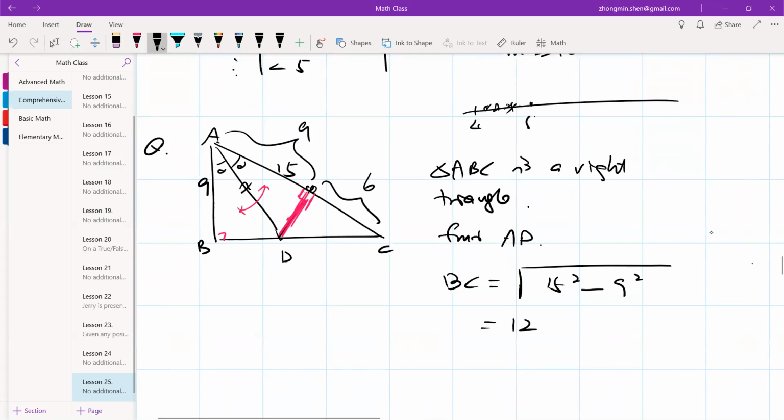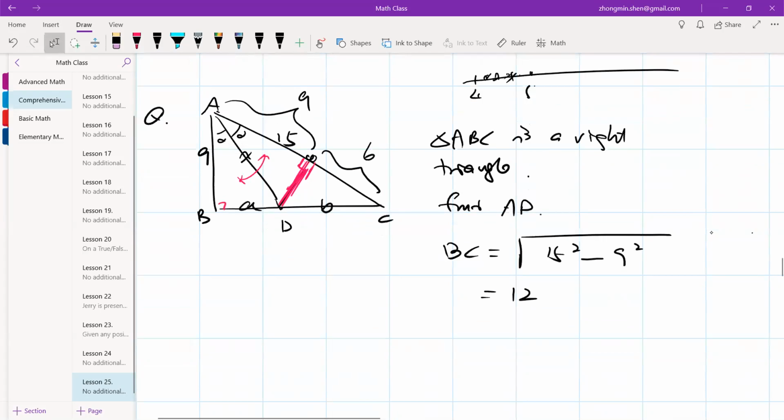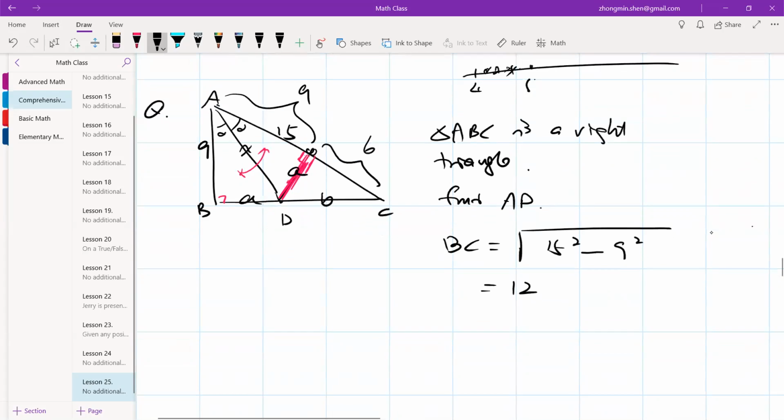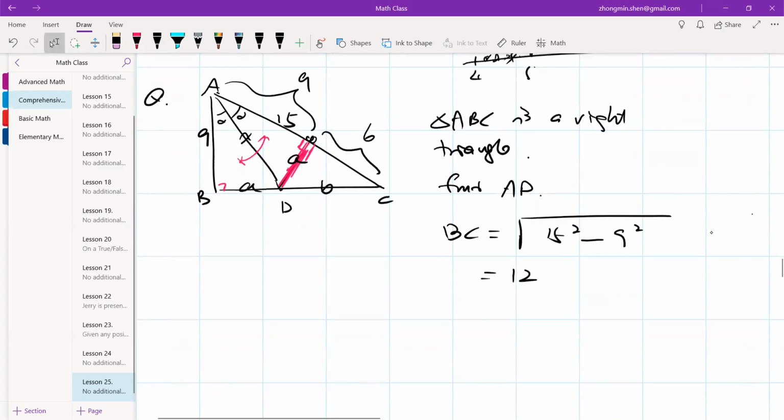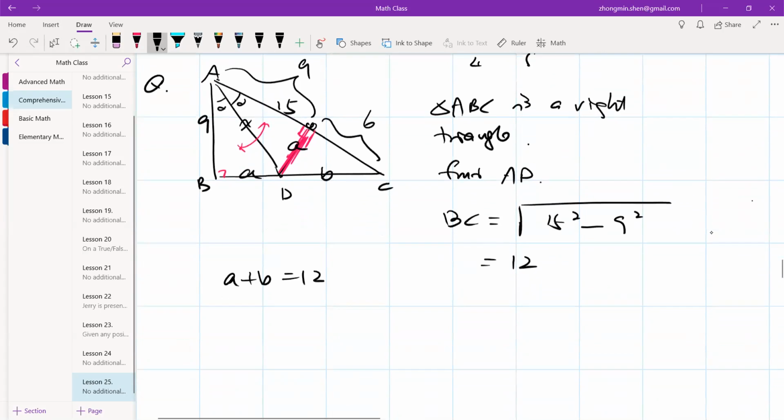You can apply the Pythagorean theorem. Let's use A and B. No, you don't get a similar triangle. So what we can do is, A plus B is going to be 12. That's the first equation.